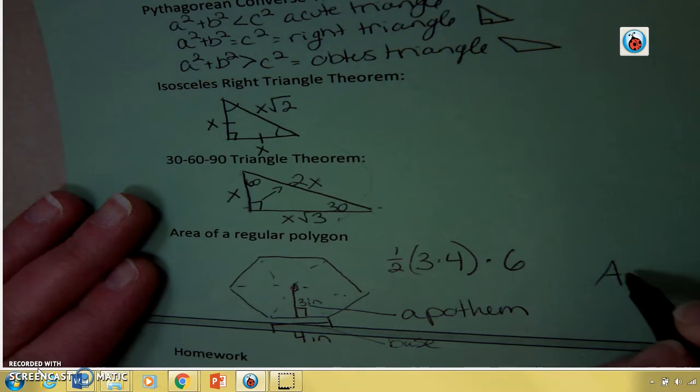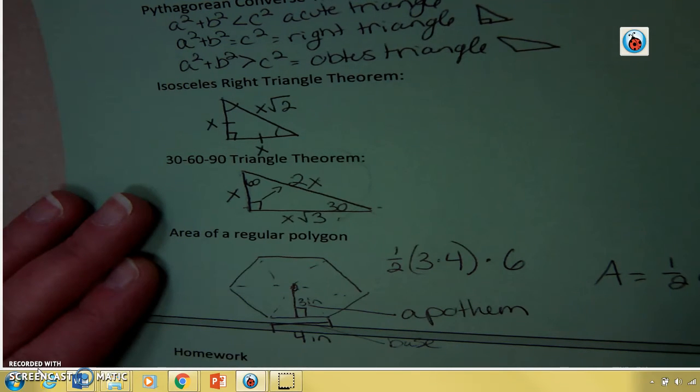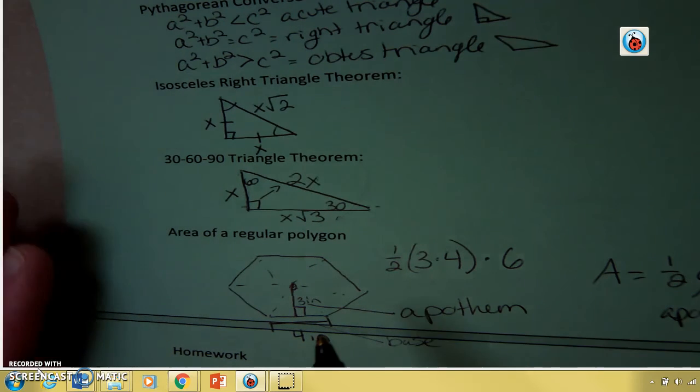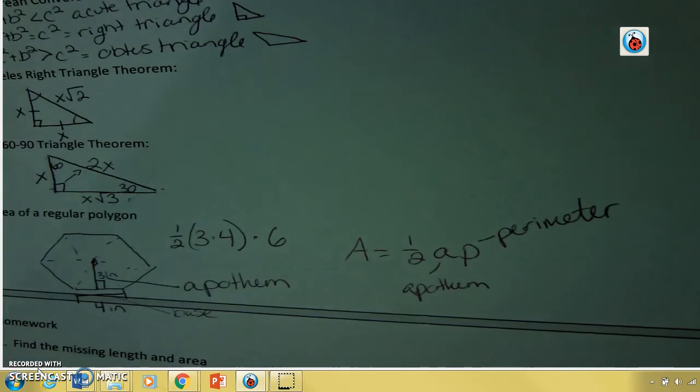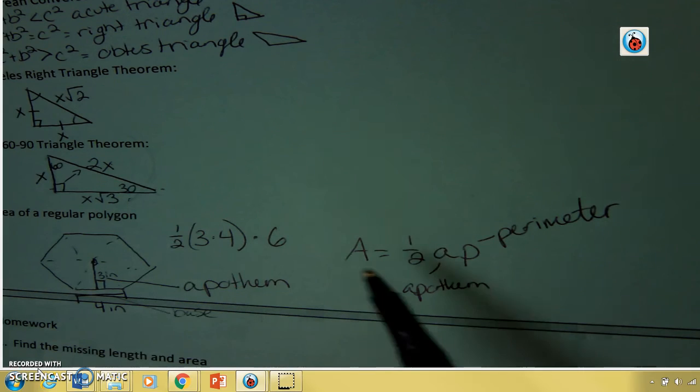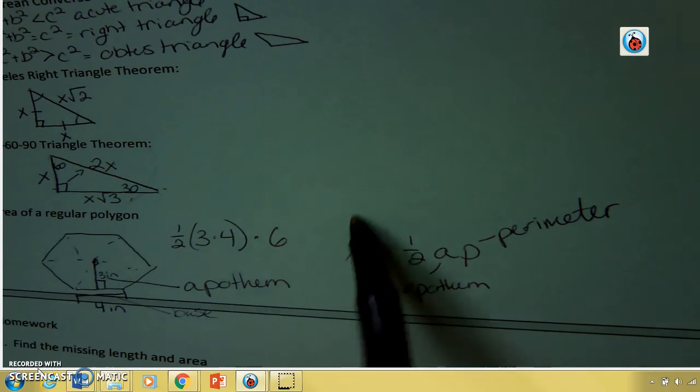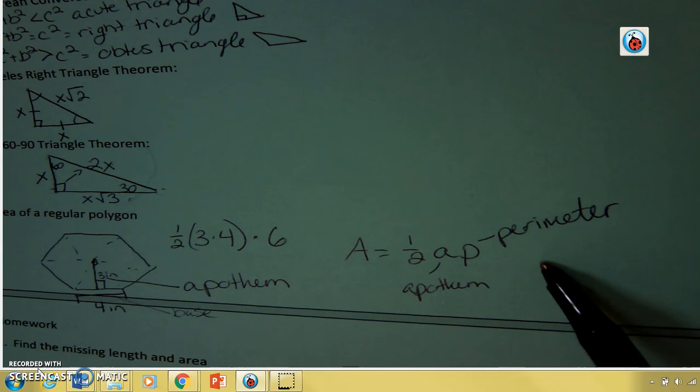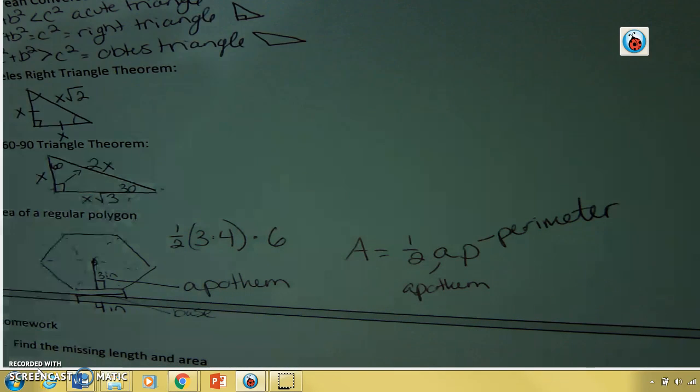You can find the area by taking 1/2 of whatever that apothem is times the perimeter. That would work as well. So sometimes they'll tell you the perimeter and you have to find the apothem. It's really up to you which one you prefer. I guess for me, I hate memorizing something, and the first one makes more sense pretty quick, but you could do this as well. All right, good luck.